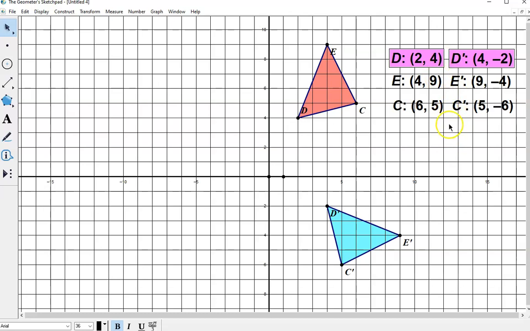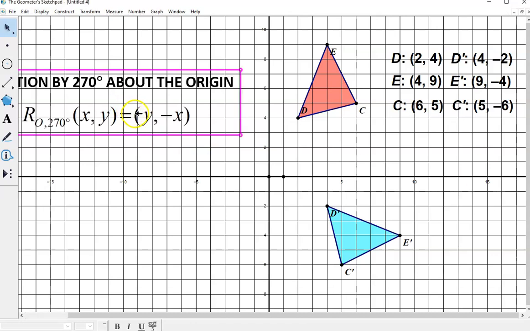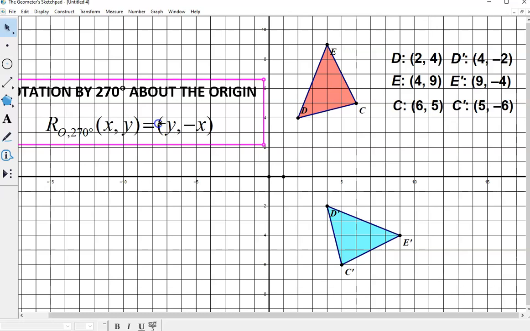This is a lot like the 90 rule, but just a little bit switched, right? You see how what's happening is that back term is becoming negated. So the 270 rule, there it is. It's switching the variables and it's the negative in that back term, that new y term. Write that one down. It's really important.